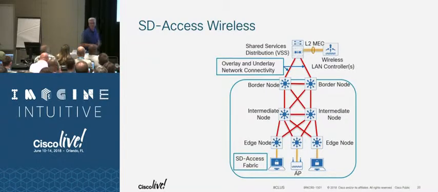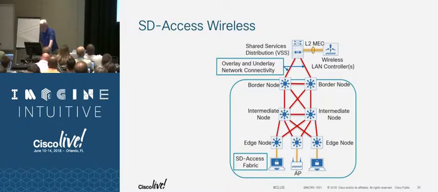Yes? Okay, so the question is, how does this compare to Meraki Wireless? If I want to deploy SD access, but I have Meraki Wireless, not Cisco native wireless, what would my topology look like for the design?